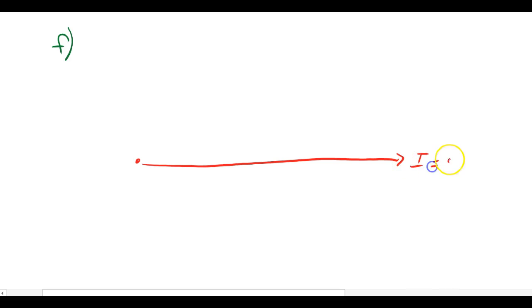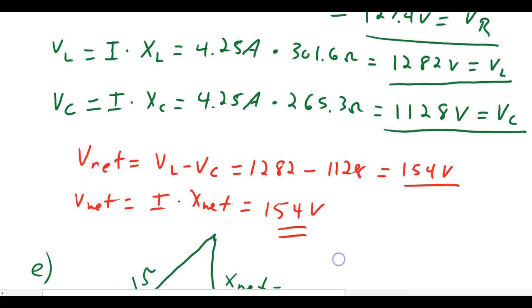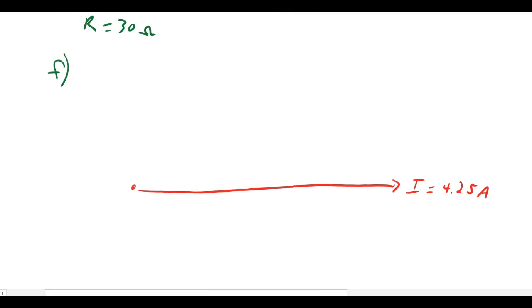I equals 4.25 amps. And so now we should also include that VR is in phase with the current, and so VR at 127 volts, let's say.